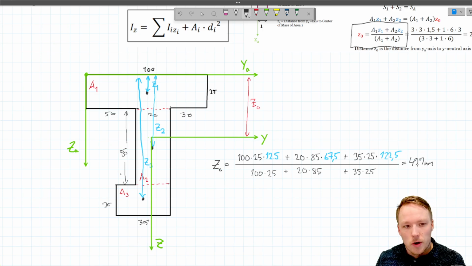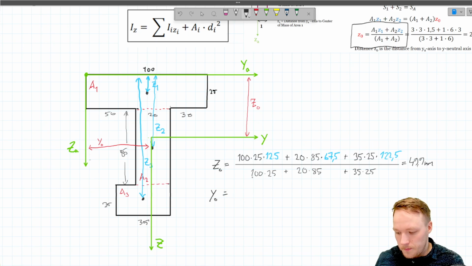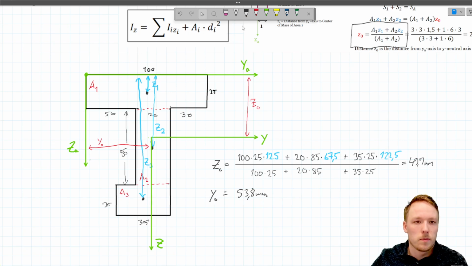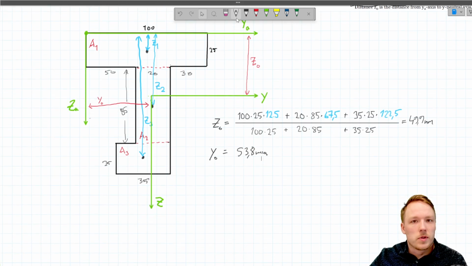The value for y0, so the distance from the additional z-axis to the actual z-axis, is called y0, and the answer for y0 is 53.8 millimeters, like so. Okay, so now we have calculated that one.